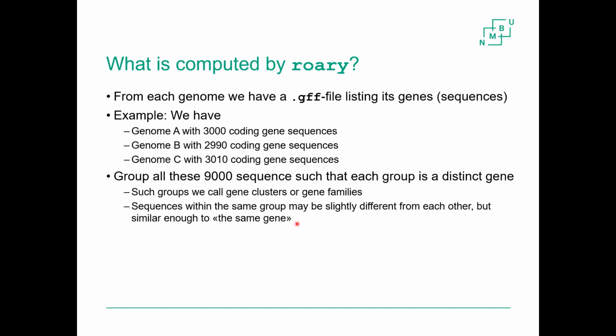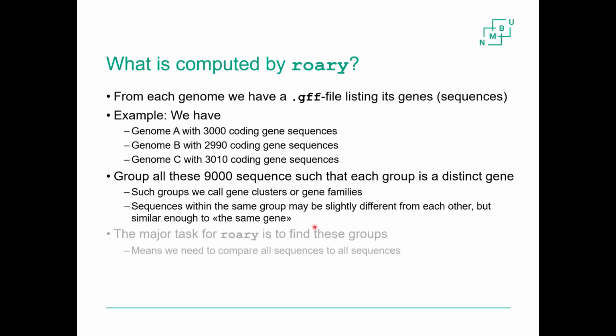Well, it depends on the threshold you have used, right? So the major task of this software Roary is to actually find these groups. That's what we do when we use Roary in our module. So it means we actually have to compare all sequences to all sequences. Sounds like a big job, and it is, but as I have written in this module document, Roary is doing this actually in a very efficient way.